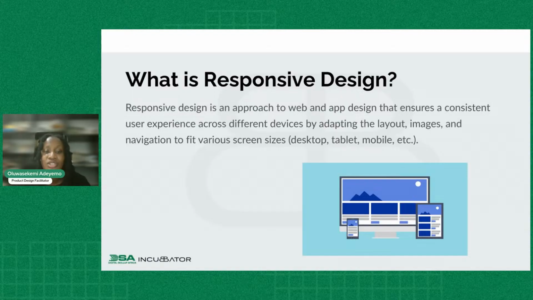Okay, so that's literally what responsive design is. Throw away the big term. In layman's terms, it is literally: let my product be fine on all the platforms. And not just be fine, let it be fine such that it's as if it's the same thing I'm seeing, just fitted to whatever screen I'm seeing it on.